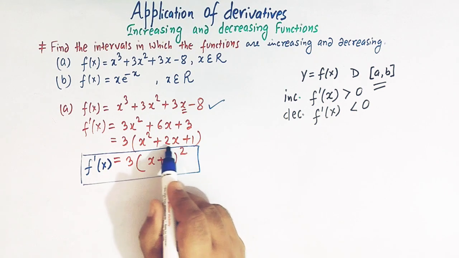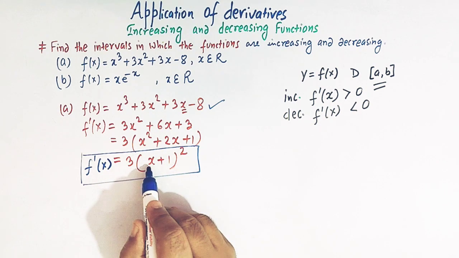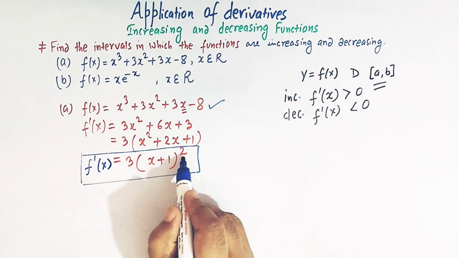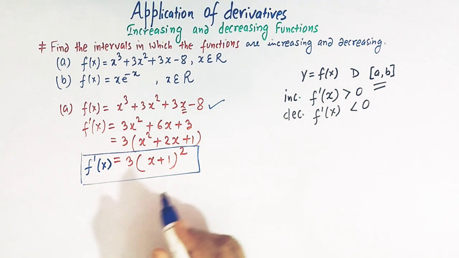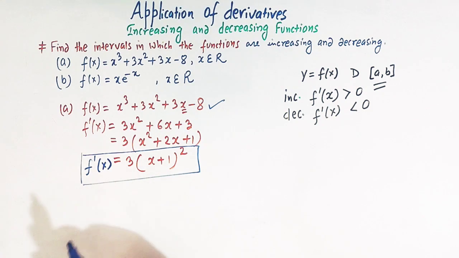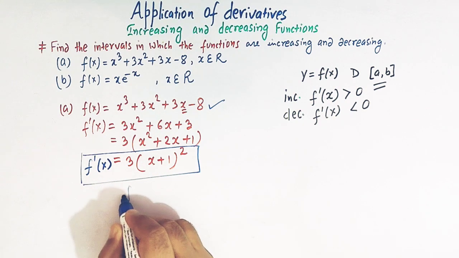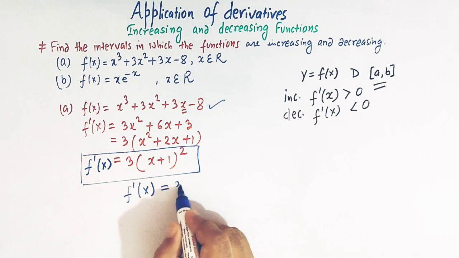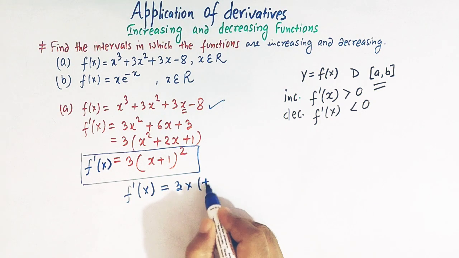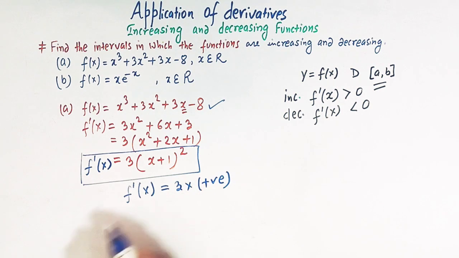Now let us see this quantity. Here we have x plus 1 square, and we know that the square of any quantity is always positive. So we have f prime of x equal to 3 times some positive quantity.